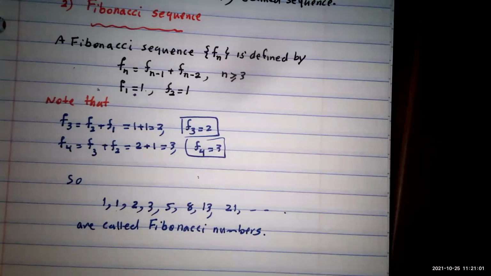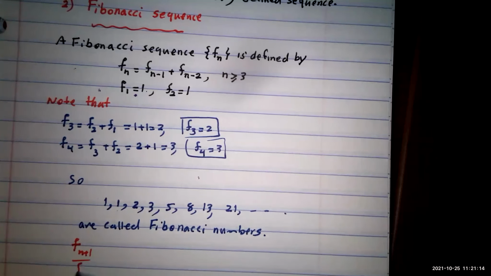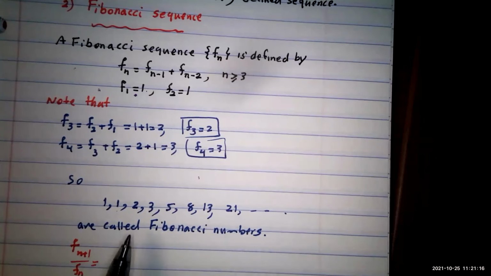One famous property is that if you consider the ratio of any two consecutive Fibonacci numbers, F_(n+1) over F_n, if you start with 3 halves, that would be 1.5.